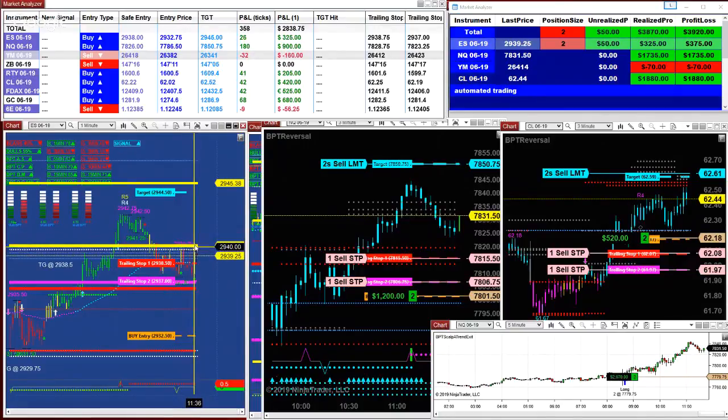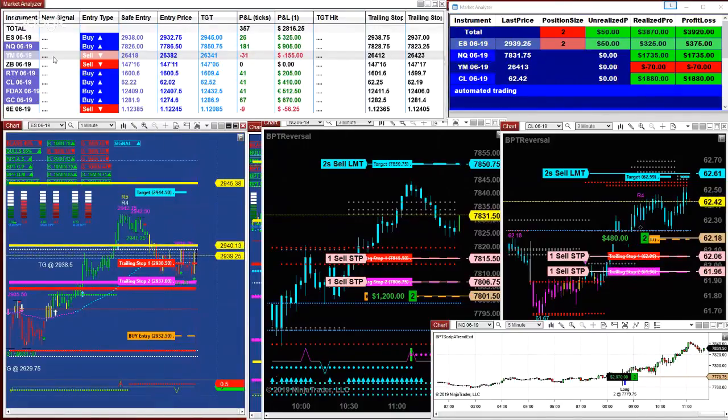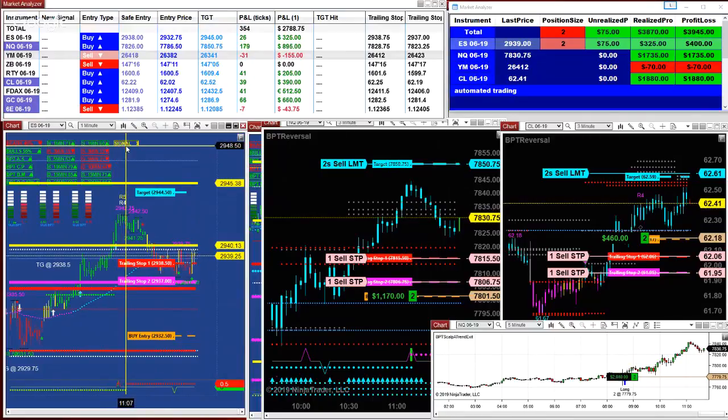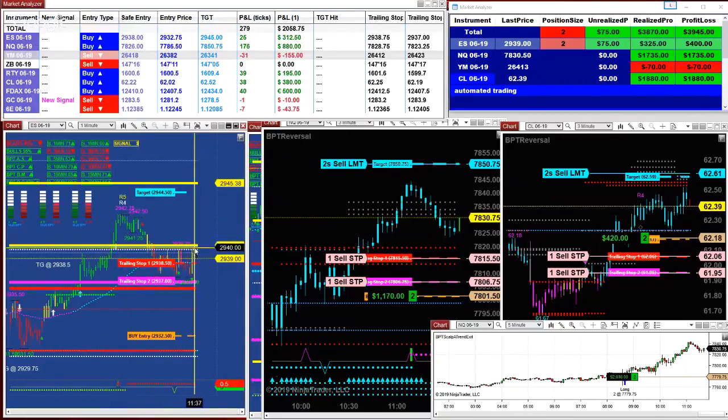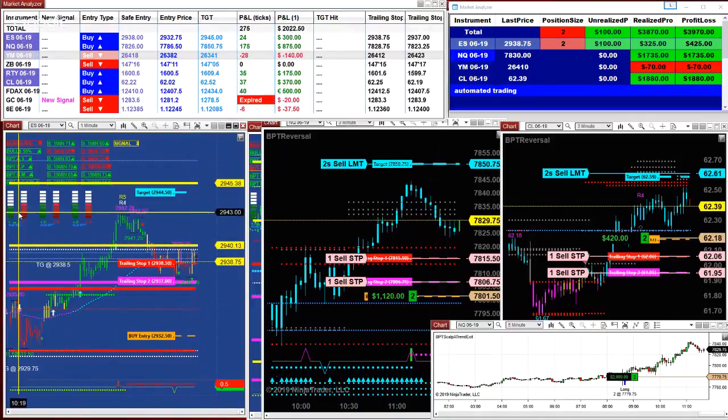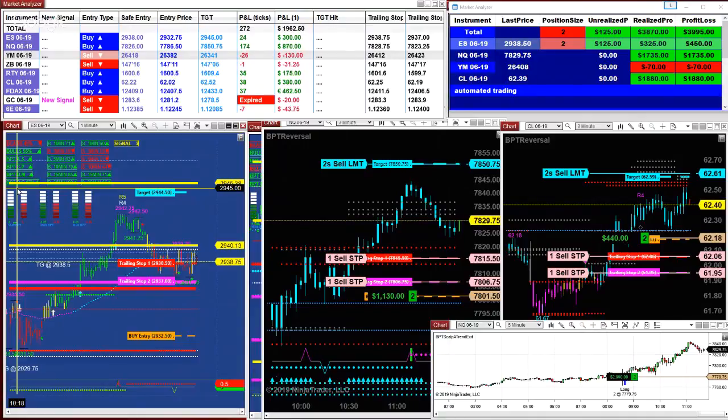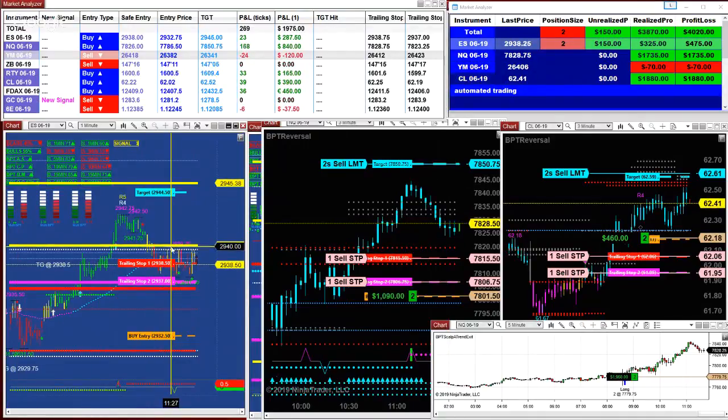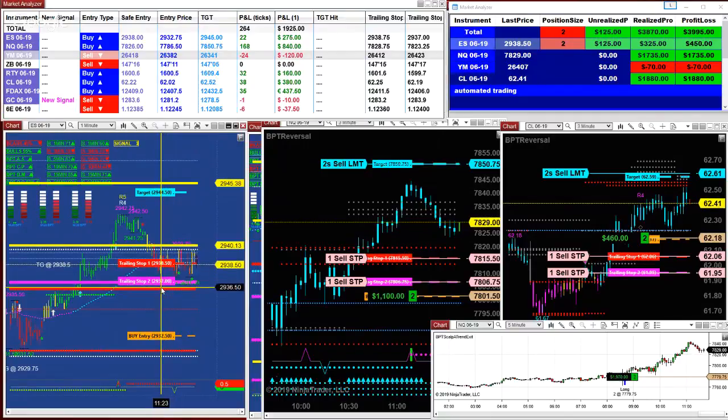If this ES goes above that line, that means we are getting a new signal on the YM. You can follow that. It is a genuine signal. If this ES does not go above that line, then we are in trouble. We're going to stay in the chop.